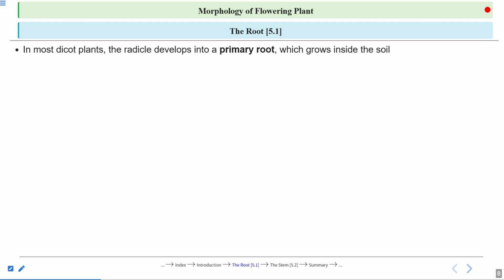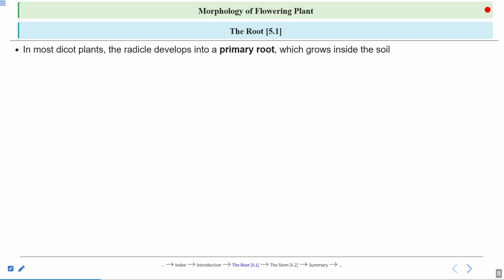So dicot always has a tap root system. Monocot also, in the starting, when the seed gets germinated, has the tap root, right?